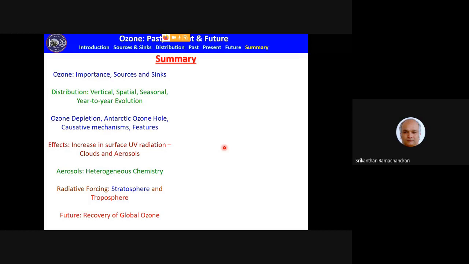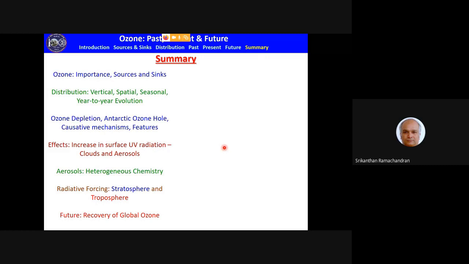Then the effects of this decrease in ozone, which is increasing the ultraviolet radiation at the surface and hence the erythemal radiation, and then the aerosols in the stratospheric altitudes produced due to volcanic eruptions, which play a very important role in decreasing ozone through heterogeneous chemical reactions.